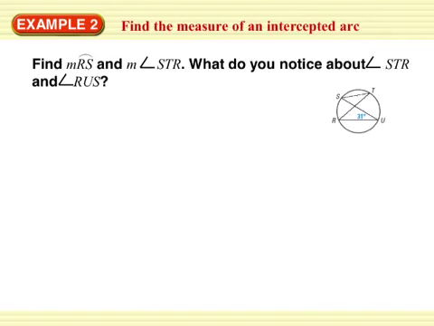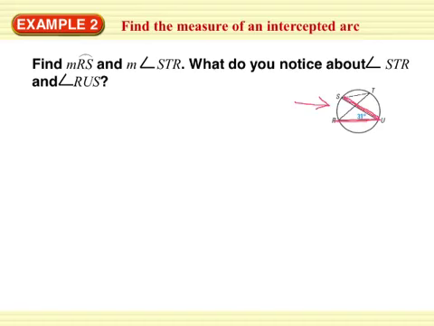Find the measure of arc RS and the measure of angle STR. What do you notice about STR and RUS? So here we're given the inscribed angle. They're asking us what the intercepted arc measurement is.